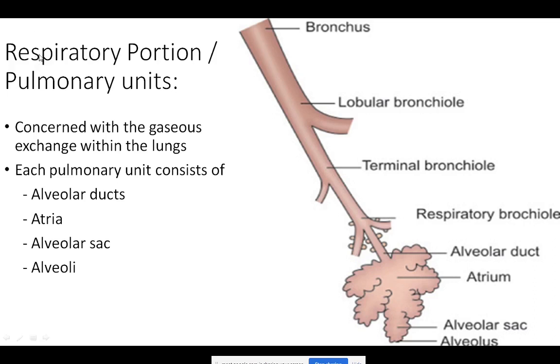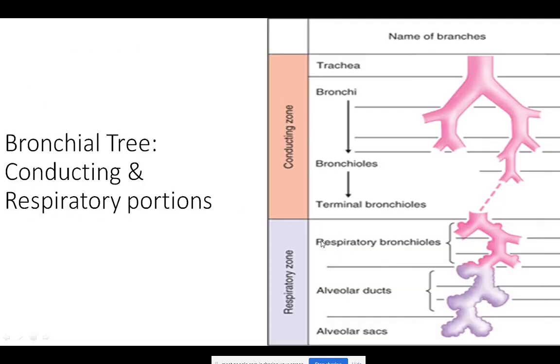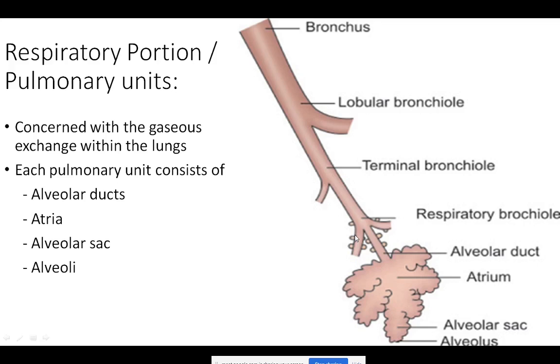Now the respiratory portion, or the pulmonary units, of the bronchial tree. This portion we are going to read now. The respiratory portion is formed by the alveolar ducts. Remember, the respiratory bronchioles represent the transitional zone between the conducting portion and the respiratory portion.